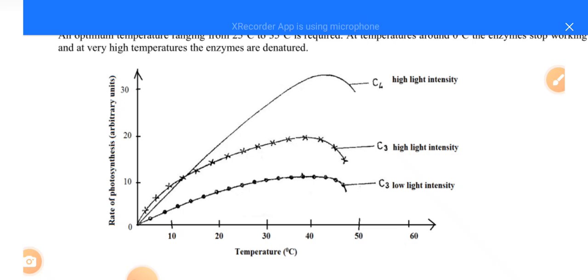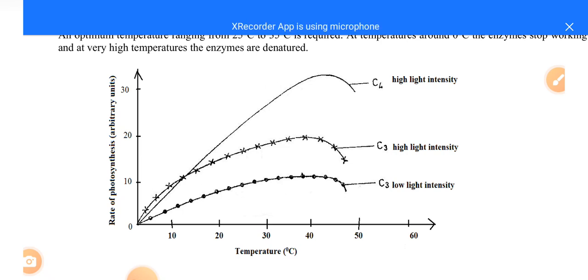The reason is that in C4 plants, the photosynthetic enzymes are less active, or inactive, in cold temperatures, but become more active as temperature increases. That has been our first observation and the explanation.